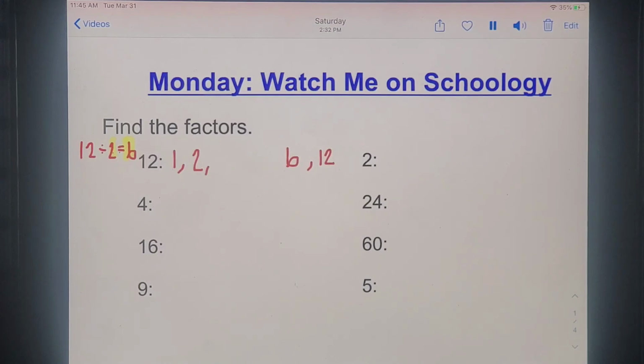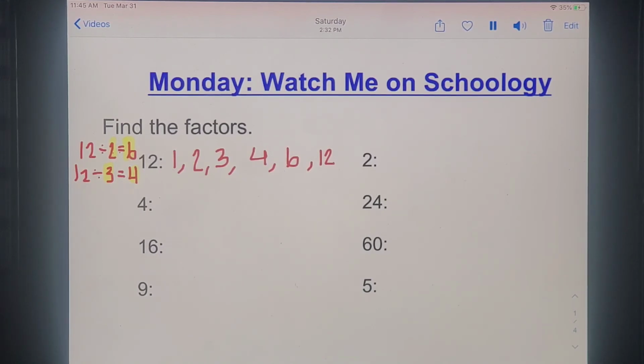Next, in your calculator, you should try 12 divided by 3. When you do that, you get 4. So again, that's not a decimal, so that means that one is good. So we would do 3 and 4.